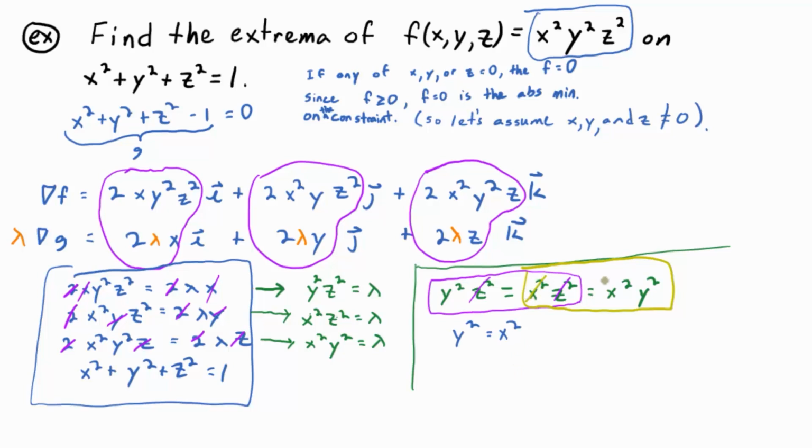So x squared, but then the z squared is still left, right? The z squared in the purple cancel line is still there. So z squared equals y squared, but y squared equals x squared. So they're all equal. So y squared equals x squared equals z squared, that's nice.